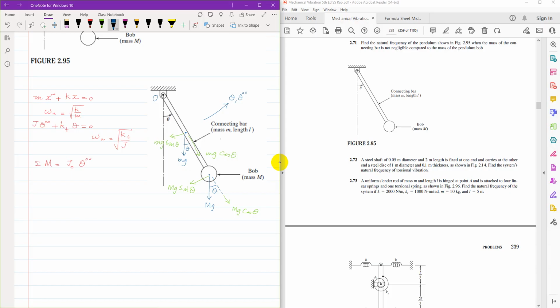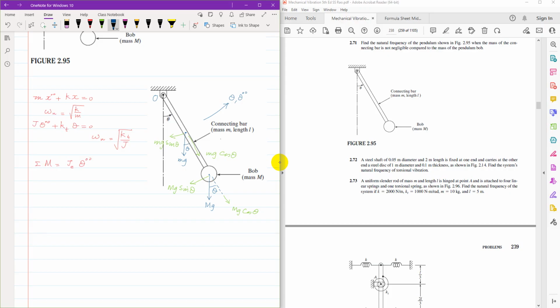Uppercase Mg cos theta, the component of the weight of the bob along the rod, and lowercase mg cosine theta, the weight component of the connecting bar, both pass through the point of rotation, so they are not going to contribute towards any moment.